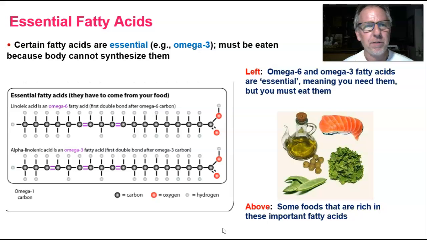Okay, I'm telling you a few things about essential fatty acids here. Remember, fatty acids are some of the components that make up fats. Essential fatty acids are ones that you have to eat in your diet, in your food, because your body is unable to synthesize or make them. And you need them as part of your healthy biology, but you have to eat them.